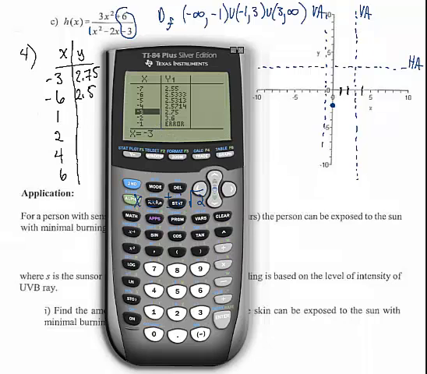Okay, we need to scroll down to the positive values of x. At 1, we have -2.25. At 2, we have -6. At 4, 10.8. We just about went off our graph there. 6 is 6.75.